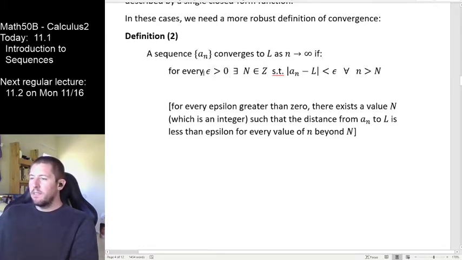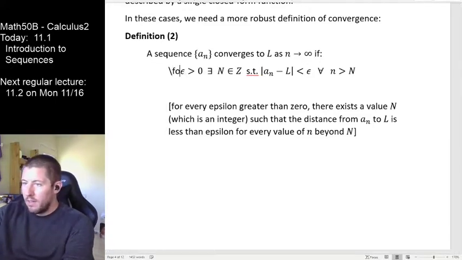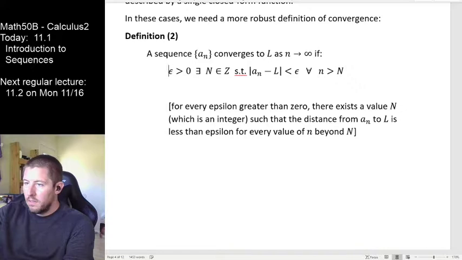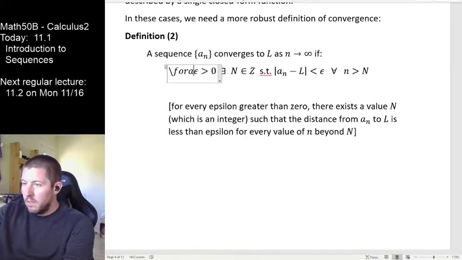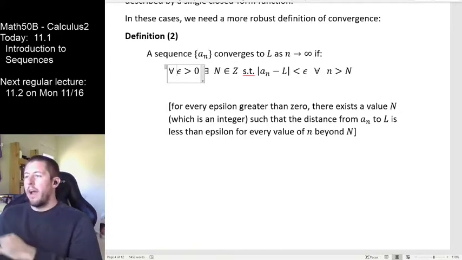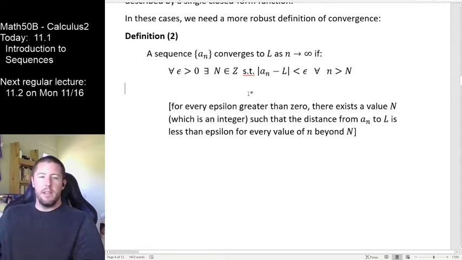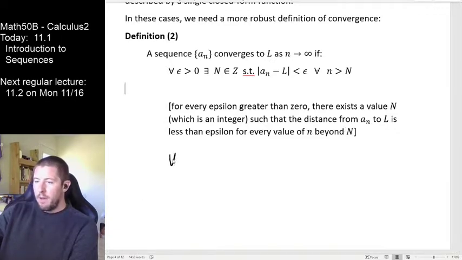And actually, I'm going to go one better on you right here. All right, so here's really my statement in the mathiest notation I can possibly make here. The very important ones that you need to know here: upside down capital A is for all.